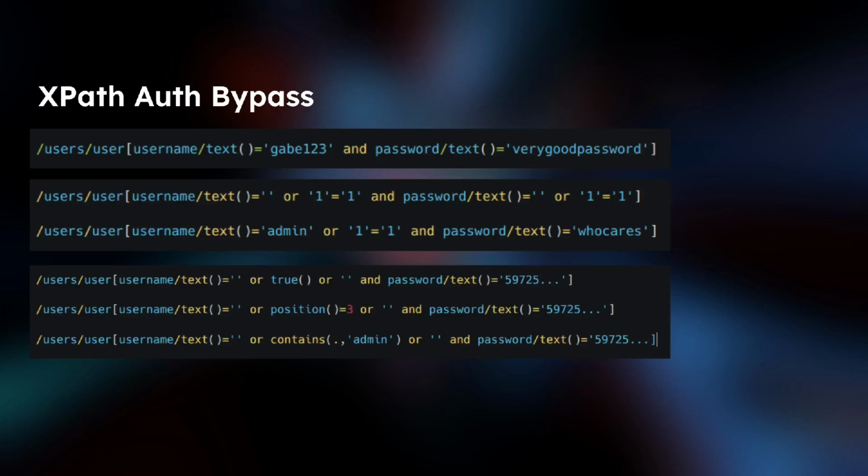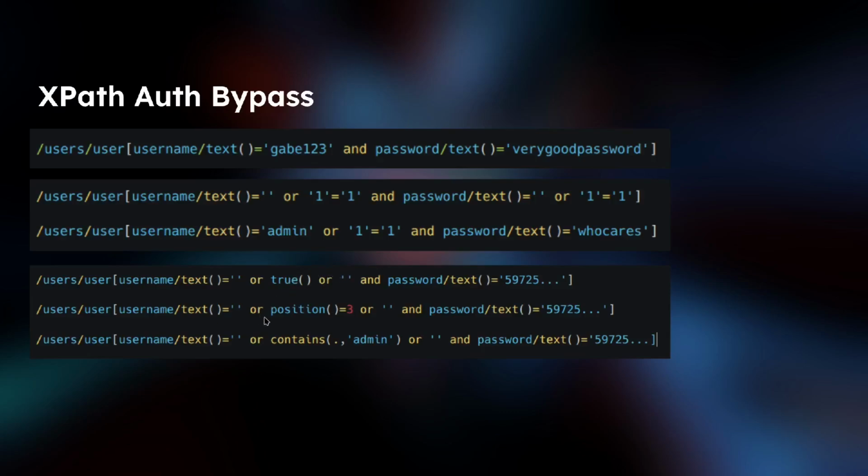which in essence should only work for the first user in the list, but what you're saying is where the username is something or true, or and password is something. Because you're saying username is the first person in the list or true or nothing, and password is something, it just evaluates to true, but only for the first user in the list.